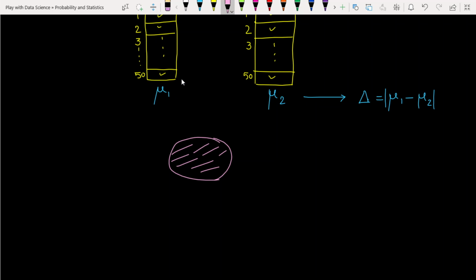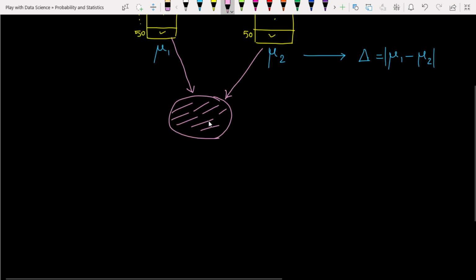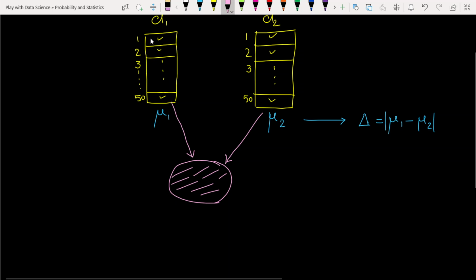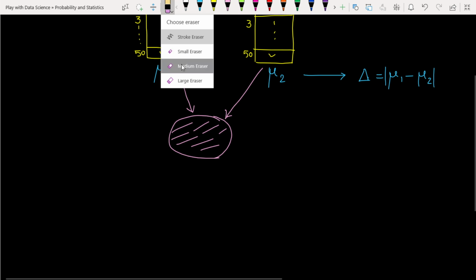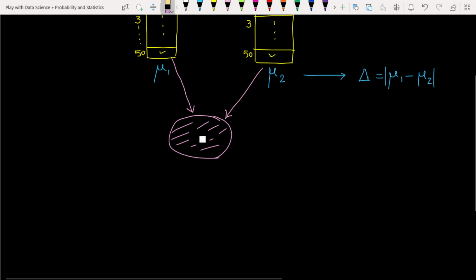Here we will mix up these two samples. Here we have 50 points and here we have 50 points, so now we have 100 points in this set.